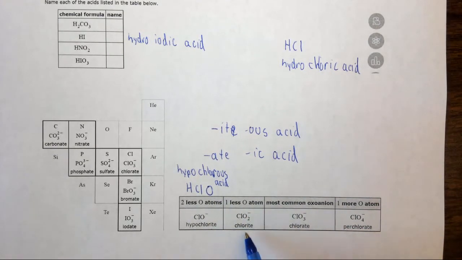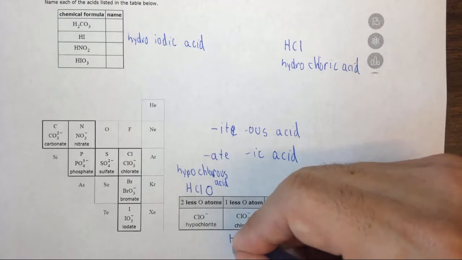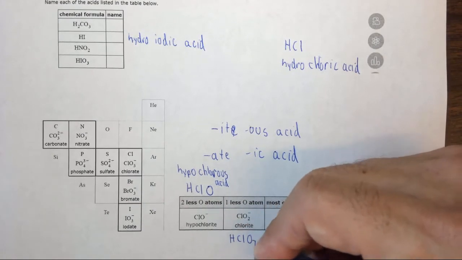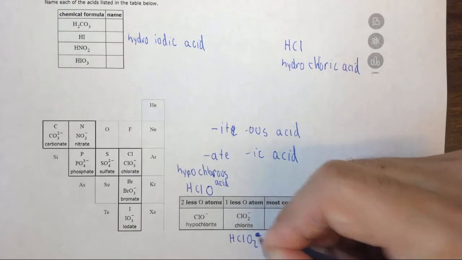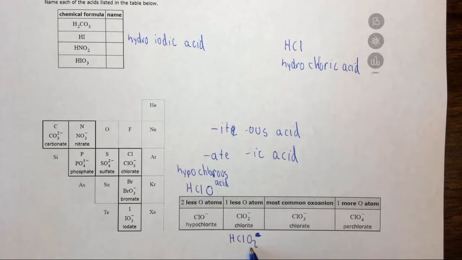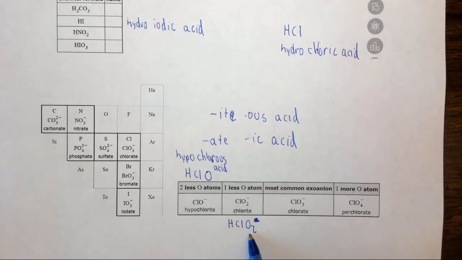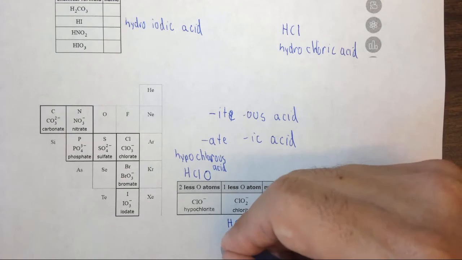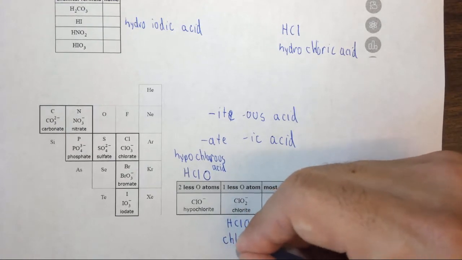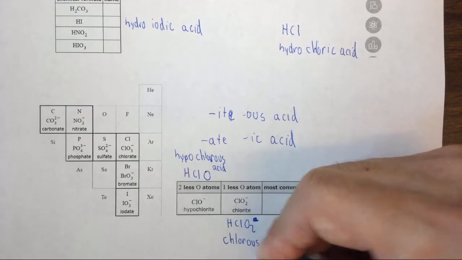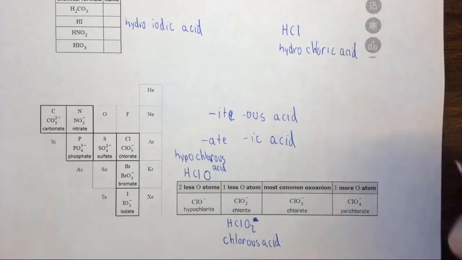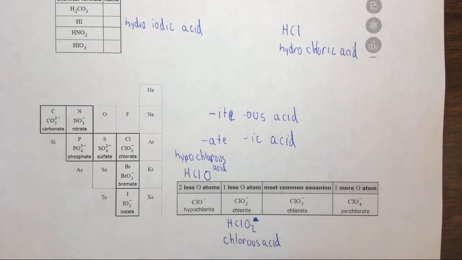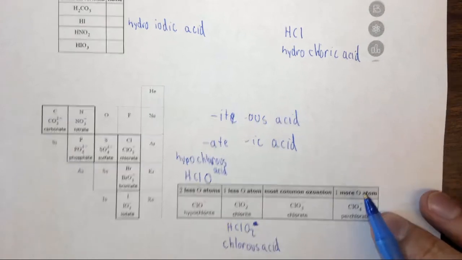If it's just chlorite, so if we had HClO2, then this would be just chlorous acid. Because in this case, we don't have the hypo anymore, so just chlorous acid. So the ite becomes OUS acid.